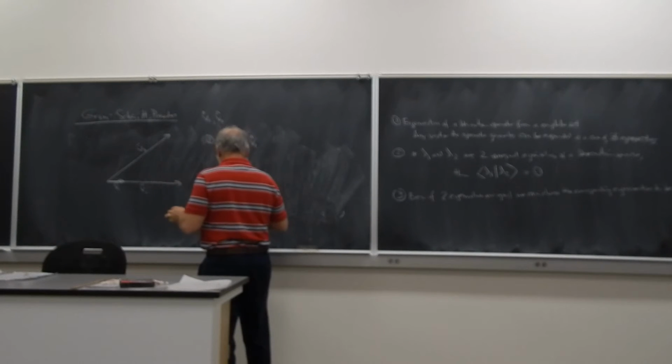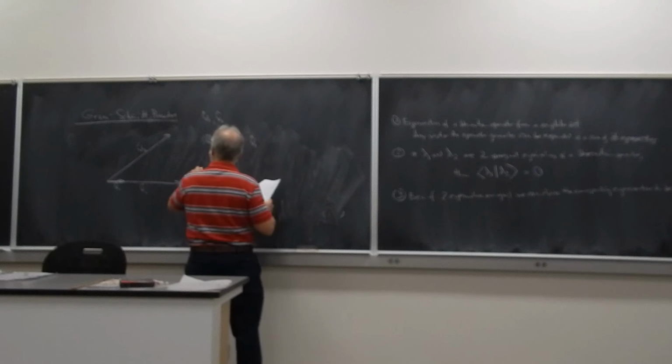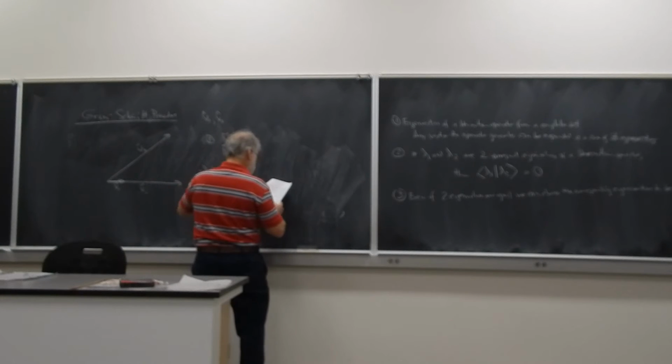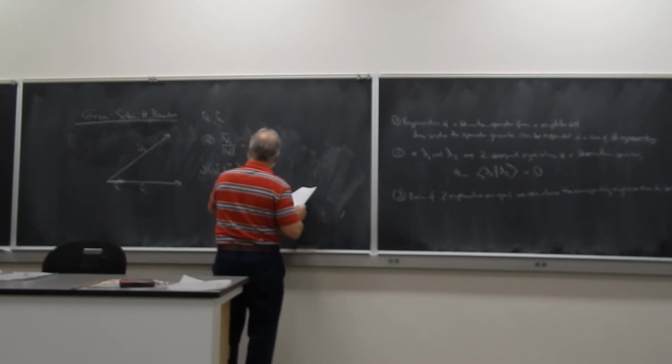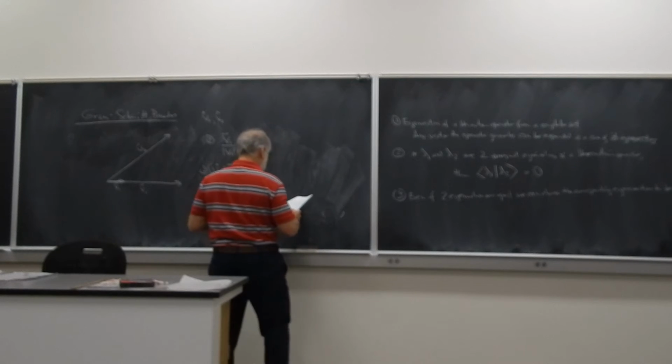Let's project v2 onto the direction of v1 by forming the inner product of v2 with v1 and multiplying by v1 hat.